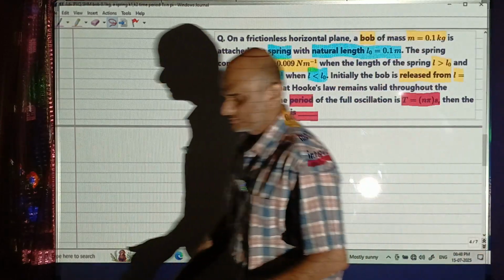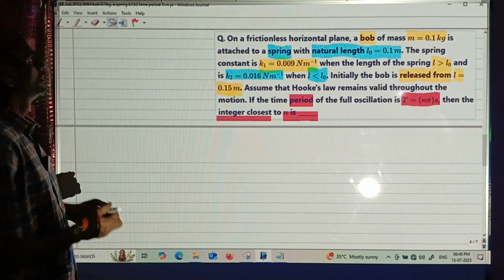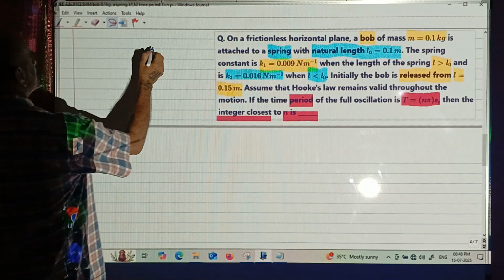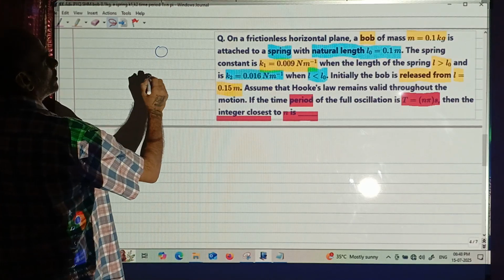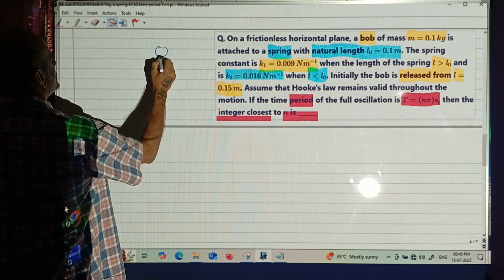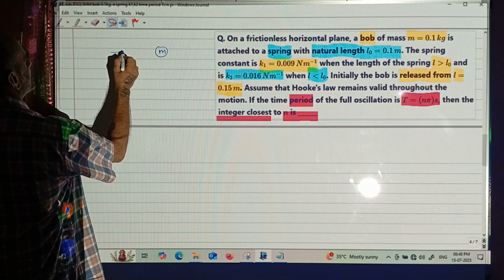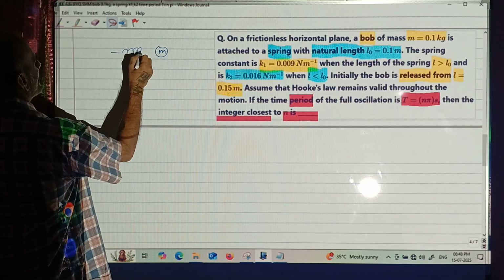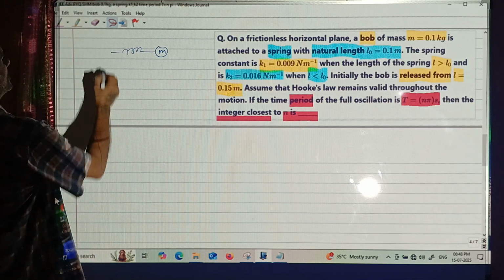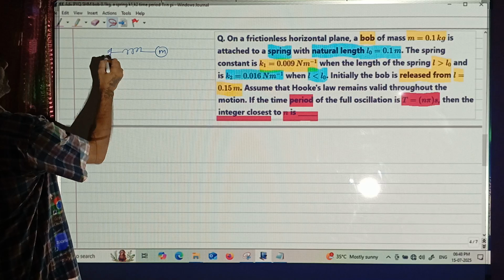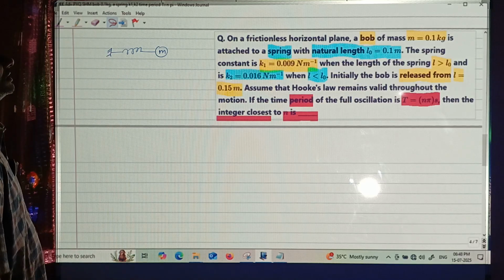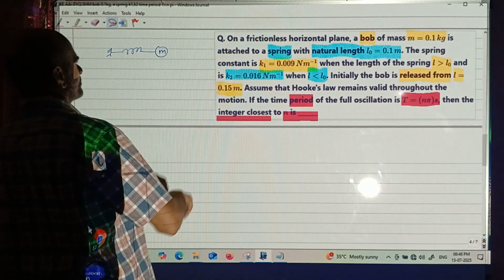Here is the solution. There is a bob of mass 0.1 kg. It's attached to a spring, and this is fixed at one end. So this is a special spring.